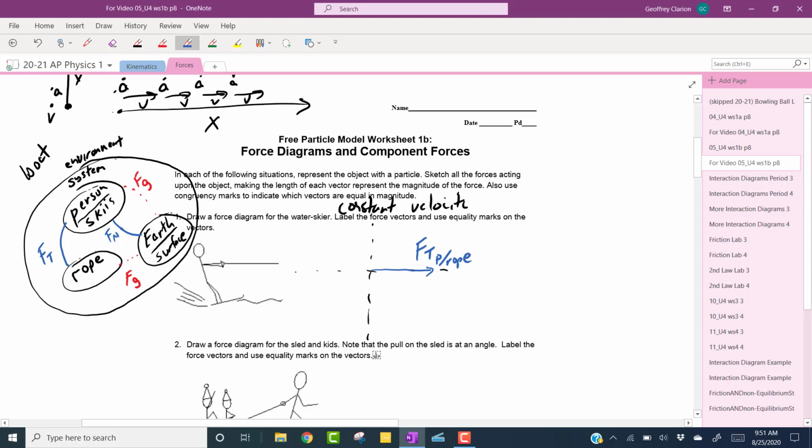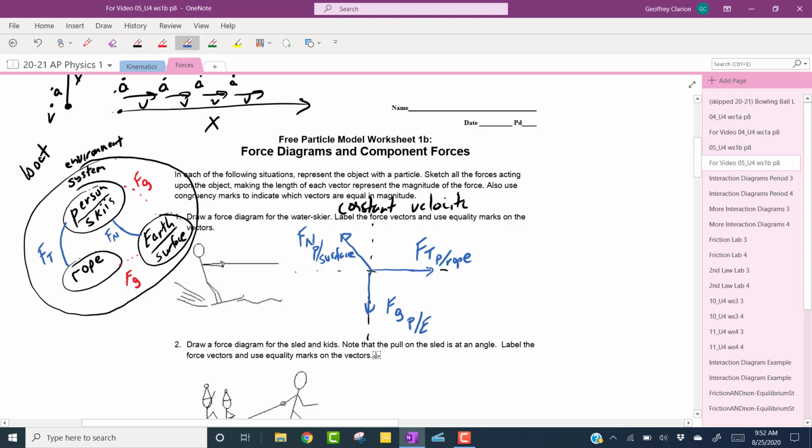We've got the force due to gravity on the person by the entire Earth, and we also have the normal force on the skis and the person together by the surface. Okay, so that's our force diagram.